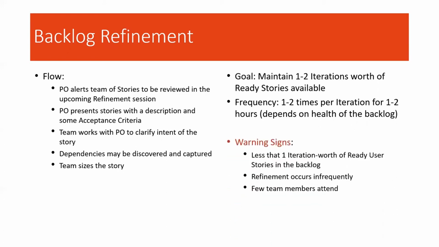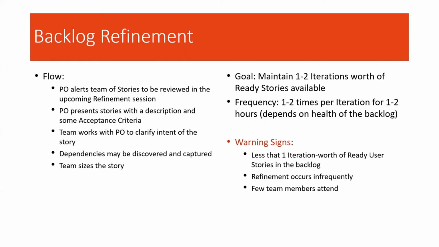So some warning signs that we need to be watching out for to know if this session is in trouble. If we have less than 1 iteration worth of ready user stories, our backlog is getting pretty thin. When we get to the next iteration planning, we may not have enough stories ready for the team to plan. Secondly, refinement occurs infrequently.